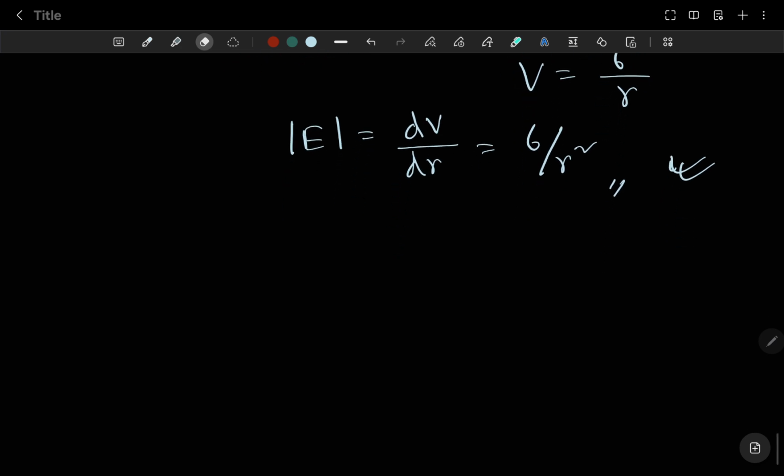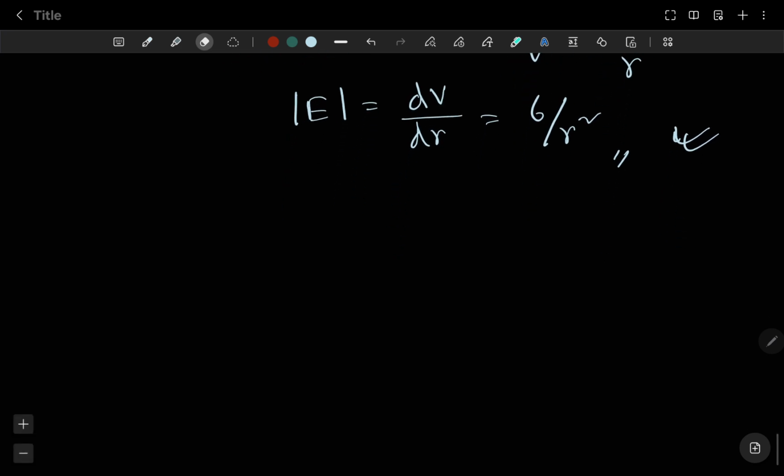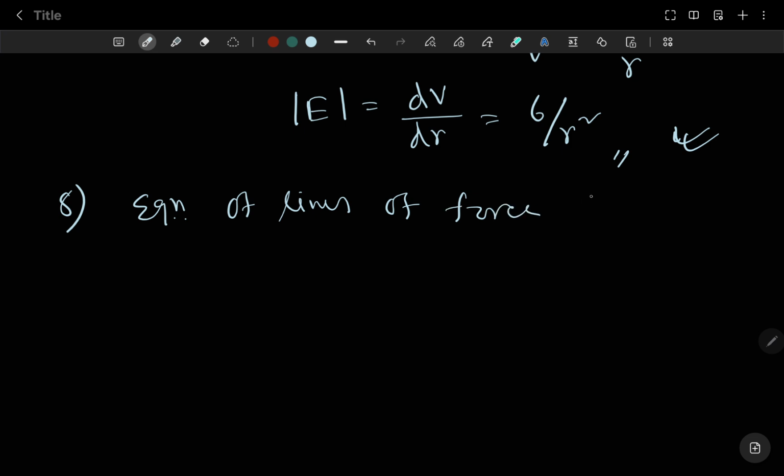Now let us do problem number 8, that is the equation of lines of force of a dipole.